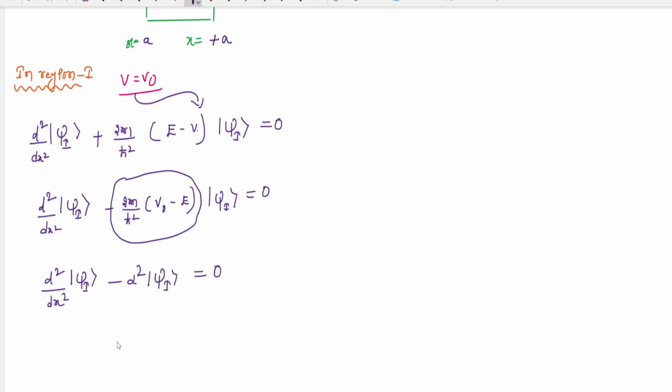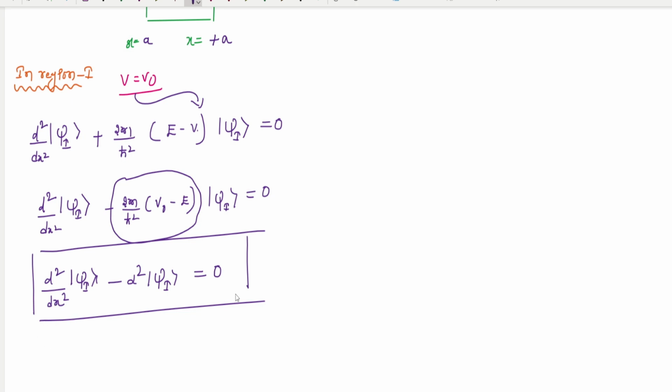Therefore, what is the solution of this differential equation? If the minus is there, and in case plus is there, what is the solution? You need to observe carefully the solution when I am writing these solutions. In case plus is there, I'm using a different solution. Here minus is there, I'm using another solution. So this I'm going to use the exponential solution.